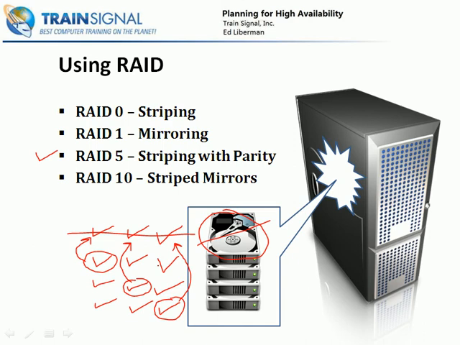Now, one of the advantages, or really a couple of advantages to RAID 5, is that unlike mirroring, where we only get 50% disk space utilization, with RAID 5 we get better disk space utilization, but it's not a set amount.